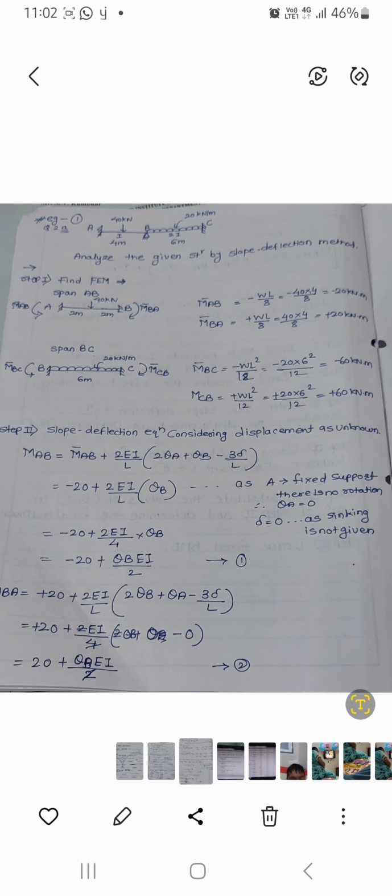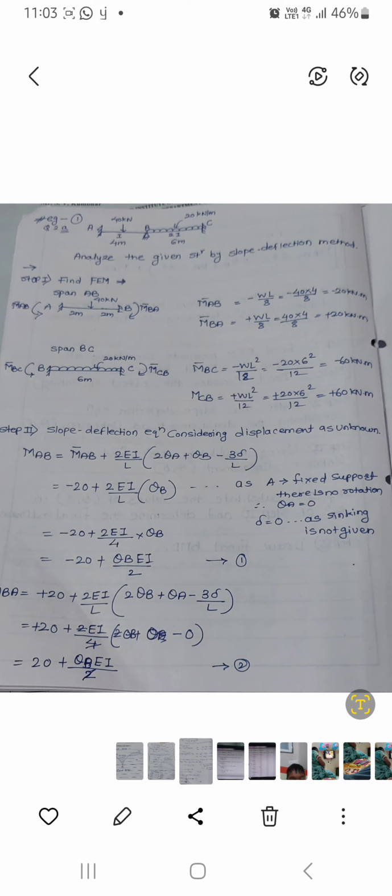See here in MAB, the span is A to B. That means for the first letter, you take 2 theta A in the bracket, and the second letter is taken as theta B. Whatever the sequence of your span, you have to take the same sequence in that bracket.